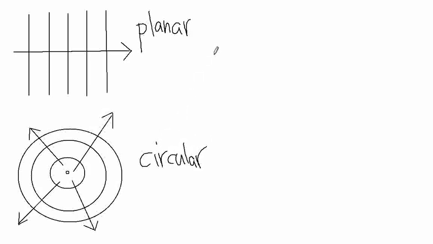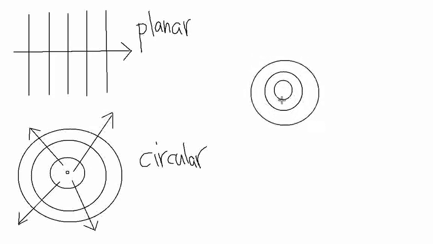Now the next one is like a three-dimensional version of the circular wave type. So imagine that you had spherical waves emanating from a point. The circular waves are moving in every direction within a plane, but what if you had waves moving in every direction in three dimensions?